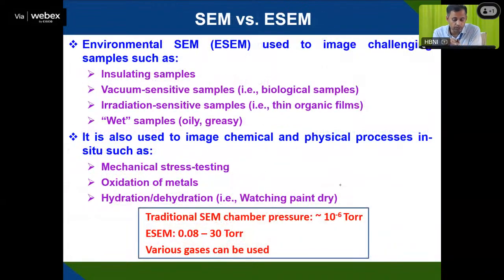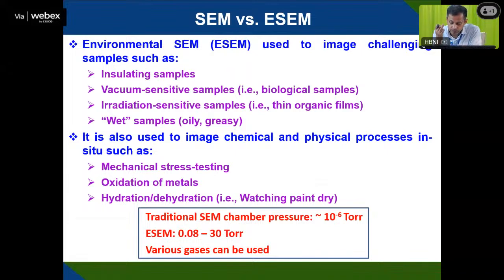As I told, there is another one, the environmental scanning electron microscope, which is used to overcome some of the shortfalls of the scanning electron microscope, especially for insulating samples, vacuum sensitive samples, biological samples, and irradiation sensitive samples like thin organic films.